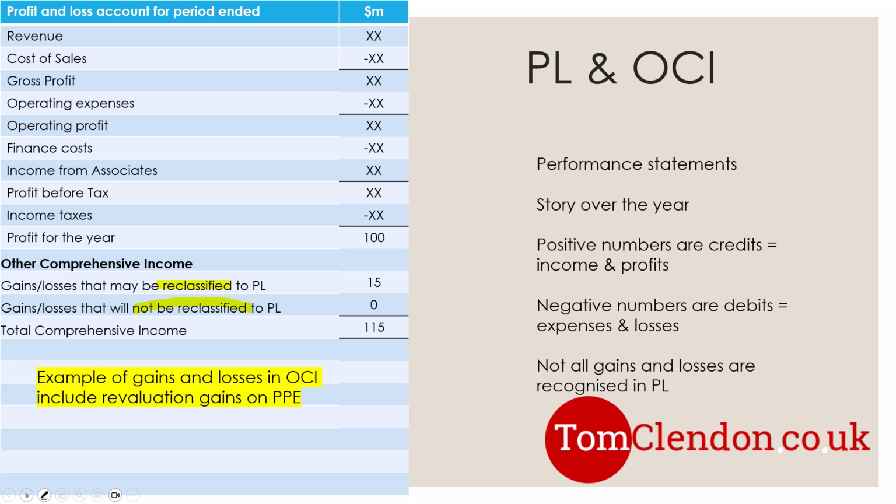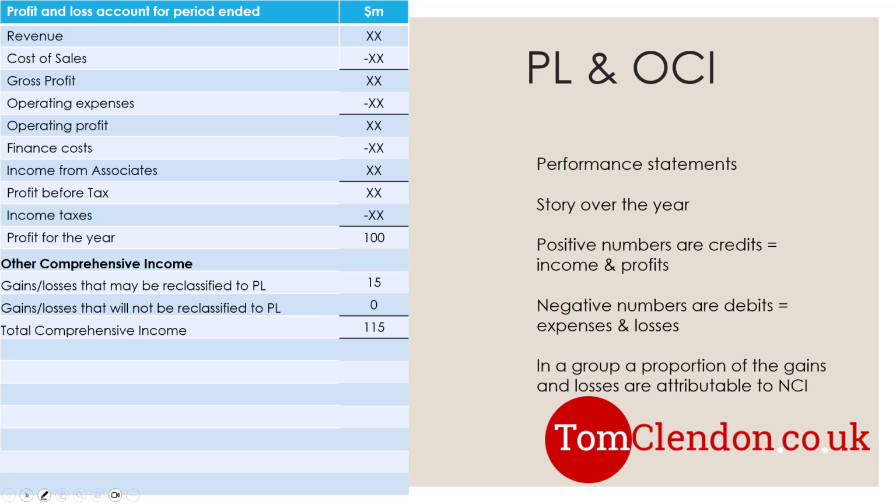I wish that was it. But there is a further problem, because just like in the group statement of financial position, there's a non-controlling interest. In the group statement of financial position, when we had a sub, we aggregated all of the assets and all of the liabilities, and then we showed an NCI at the bottom. Same with the P&L.